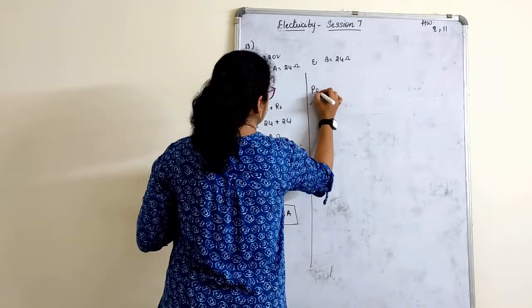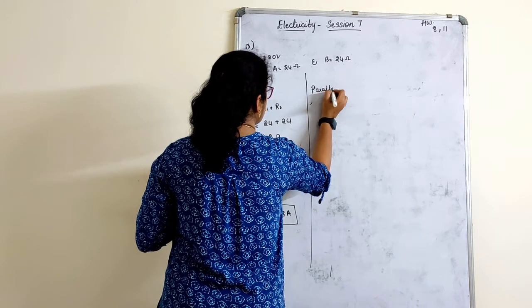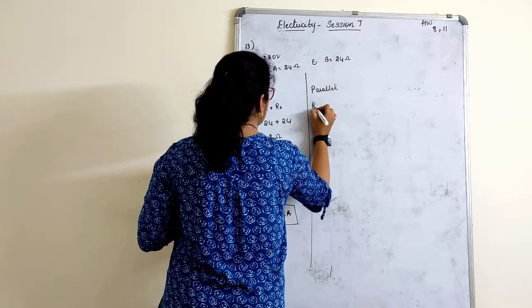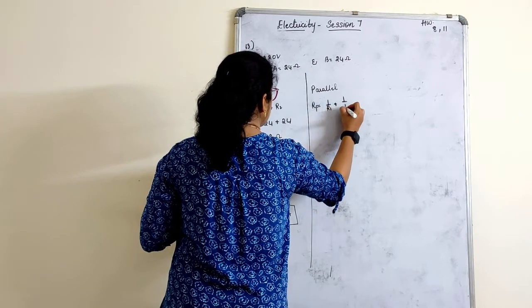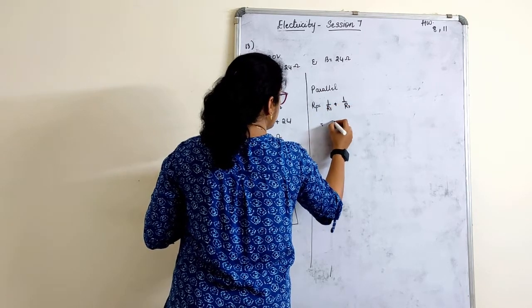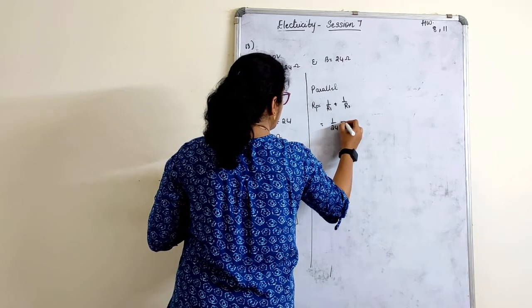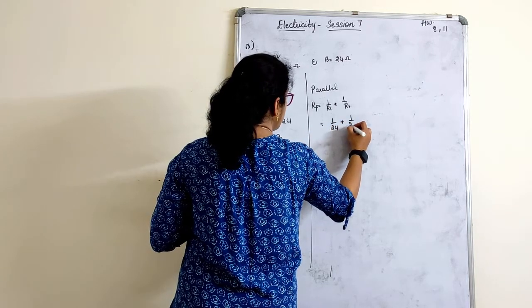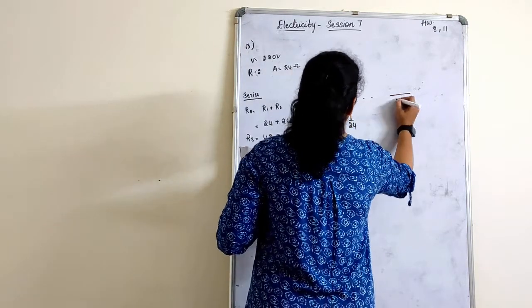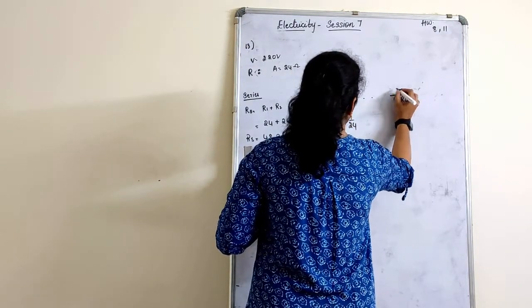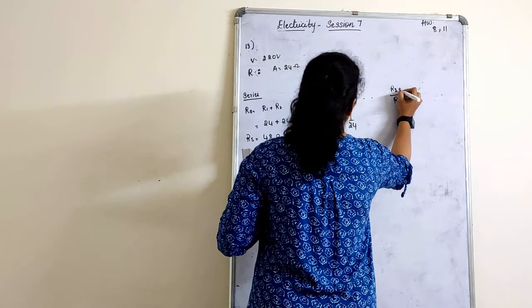Next is parallel. 1 by Rp is 1 by R1 plus 1 by R2, so 1 by 24 plus 1 by 24. See one formula here, children, I'll give you an easy way.